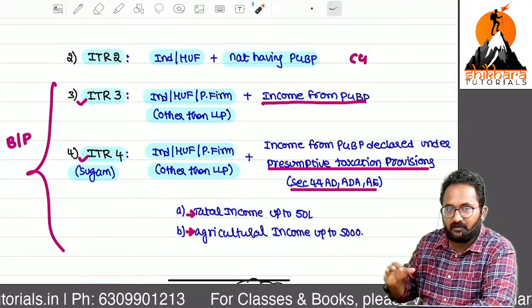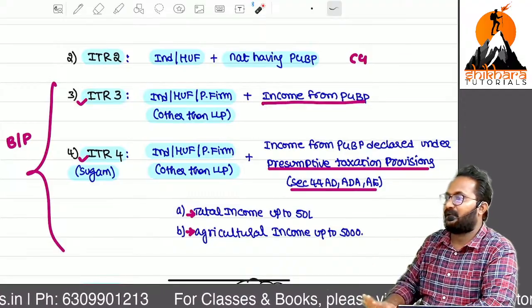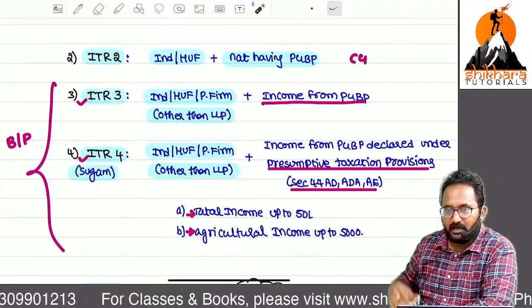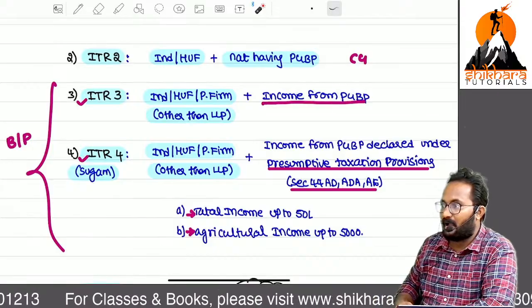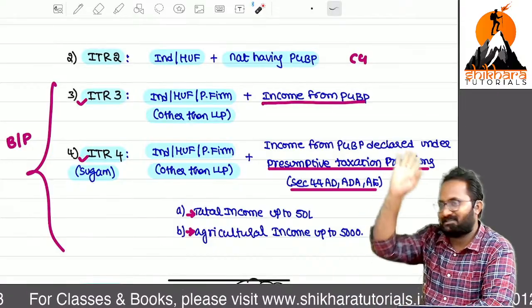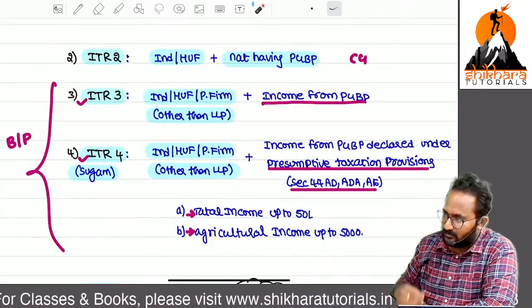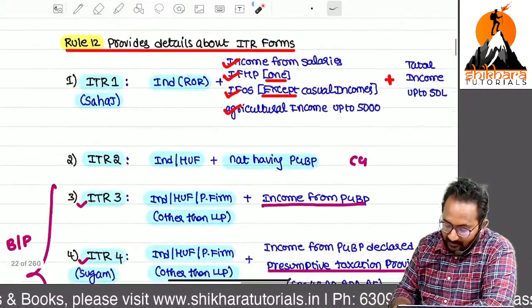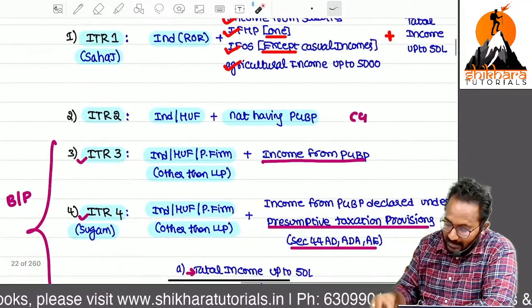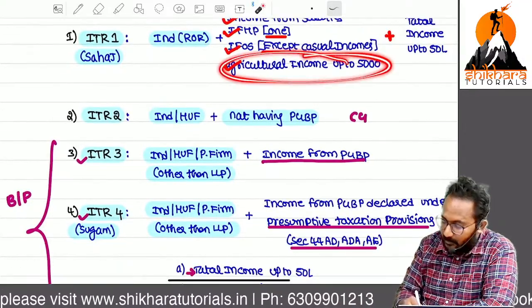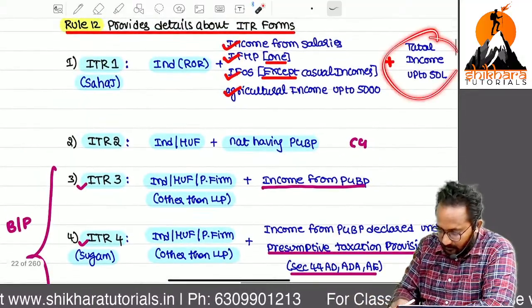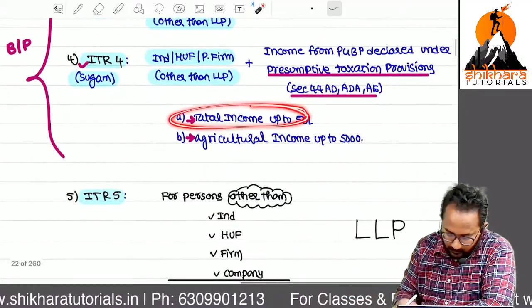Individual or HUF having capital gain income, not business income: ITR 2. Individual having salary income and two houses: ITR 2. One house: ITR 1. But ITR 1 and ITR 4 have common points: agricultural income up to 5,000 and total income up to 50 lakh.